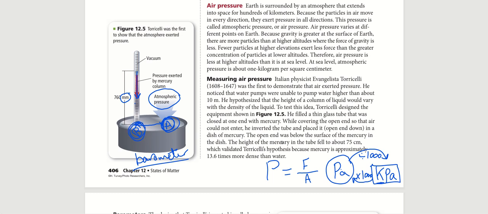But what is the pressure at point A? It is the atmospheric pressure, which is ATM. ATM means atmospheric pressure. But what is the pressure at point B? It is the pressure due to mercury. If I want to calculate it, it will be the density of the mercury times the gravity times the height of the mercury.